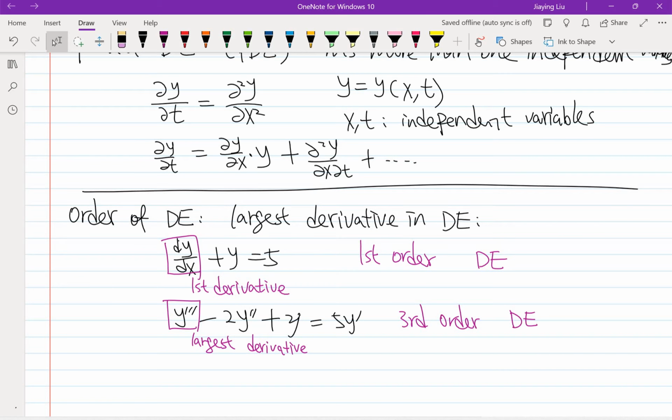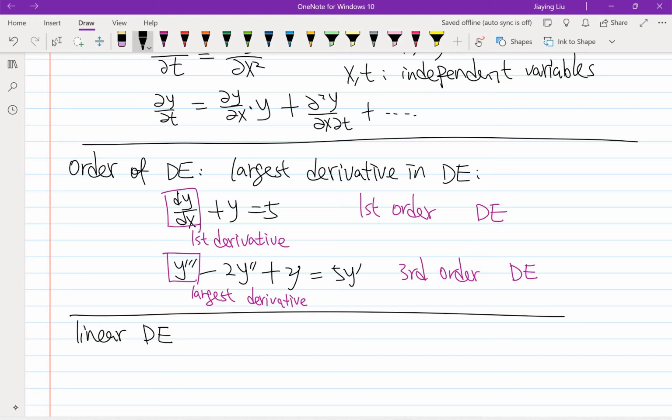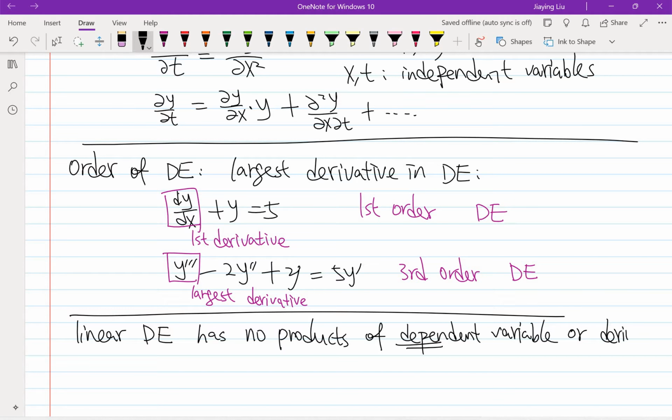All right. Another term is linearity. So linear differential equations have no product of dependent variables or derivatives of dependent variables.